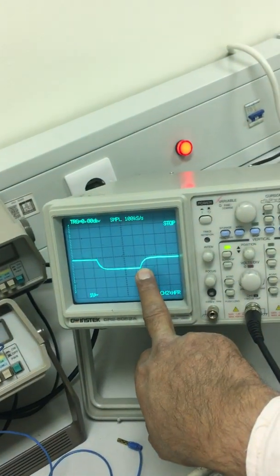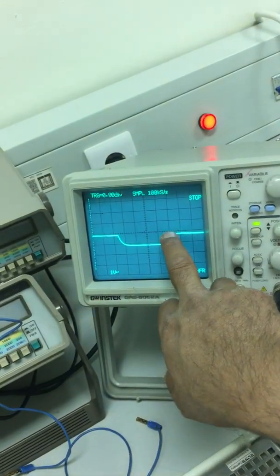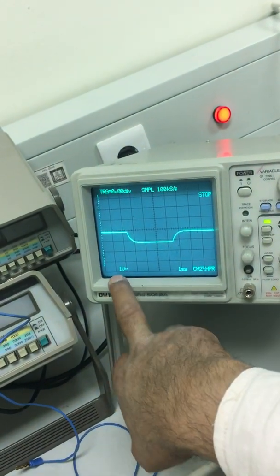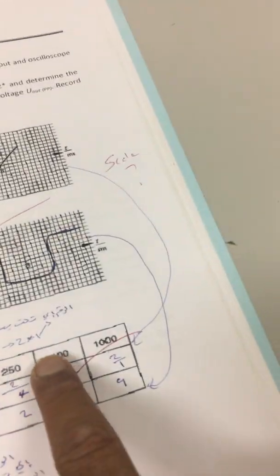It is 1 volt, almost 1 volt. You can see one box multiplied by 1 will be 1 volt. You can see here, 1 volt.